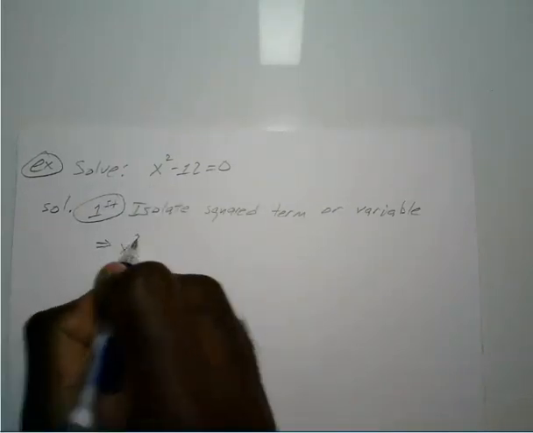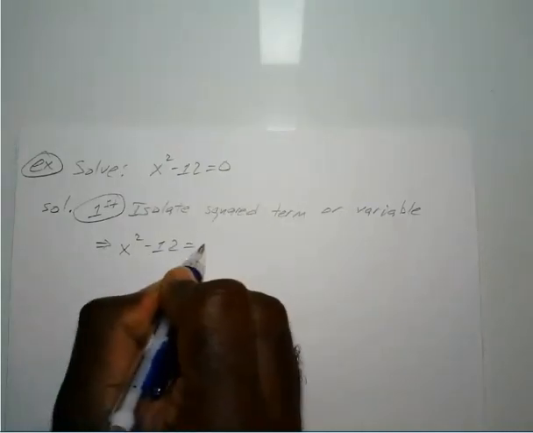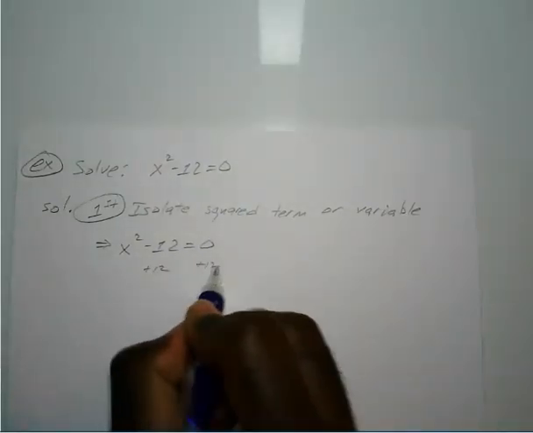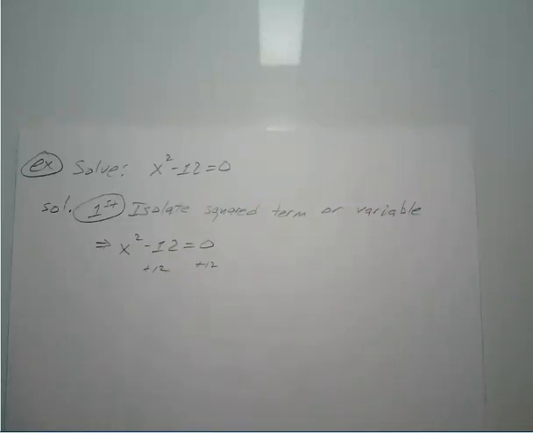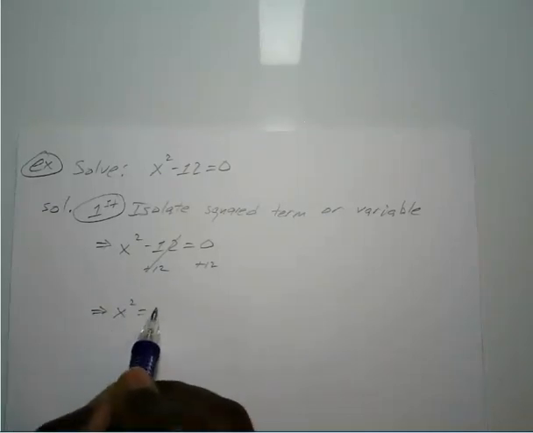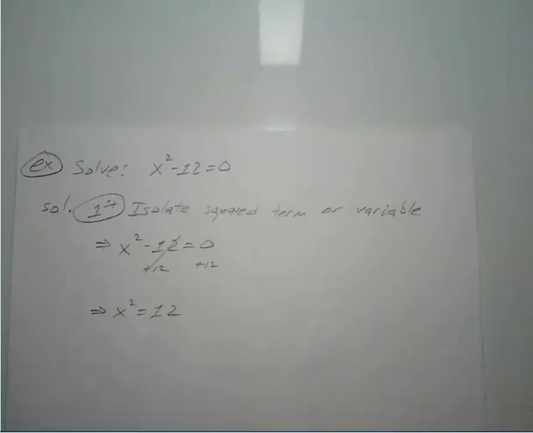So you have x squared minus 12 equals 0. We just go ahead and add 12 to both sides, where these two will cancel each other out. That leaves us with x squared equals positive 12.